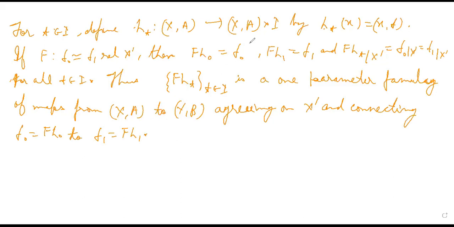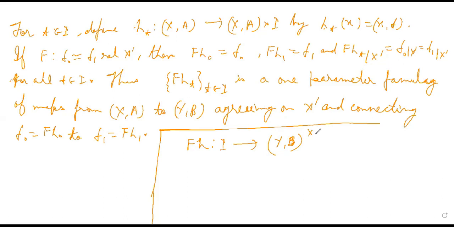Let us discuss this a little bit more. This F h we can consider to be a map from I to the set of maps from xa to yb which agree on x prime.